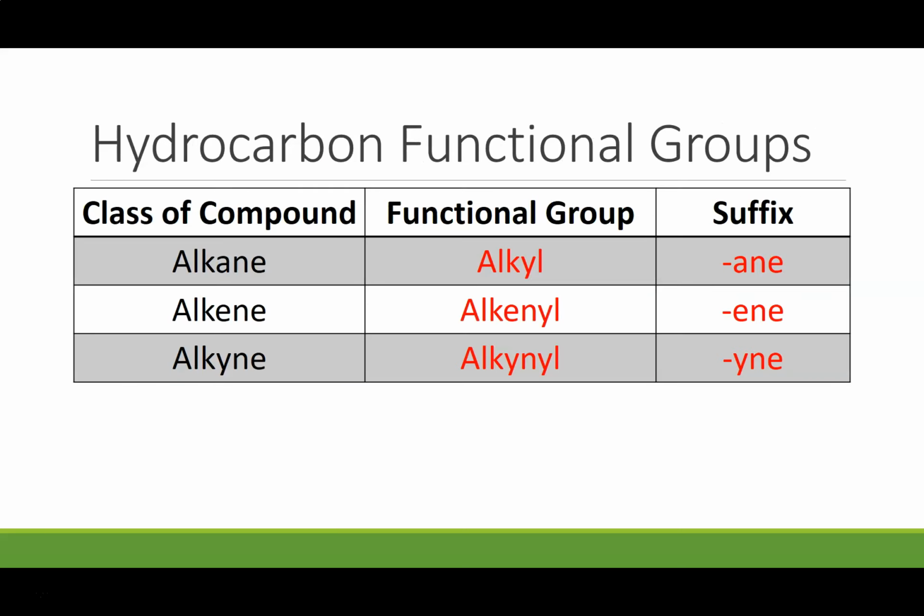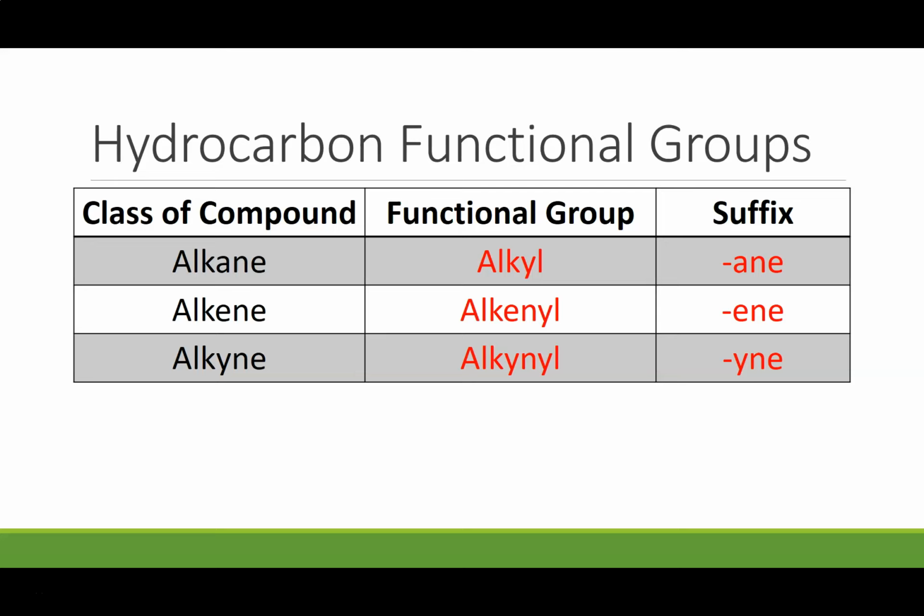So we'll start with the hydrocarbon functional groups. The first hydrocarbon functional group is the alkyl group, which is simply the single bond between a carbon and the next carbon. So a compound that contains only single bonds between all the carbons is an alkane.